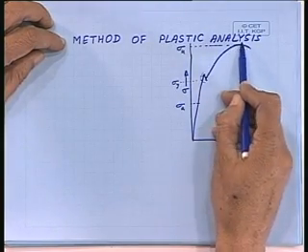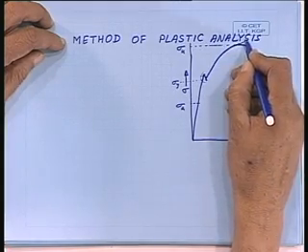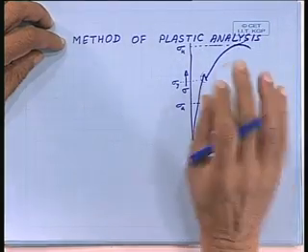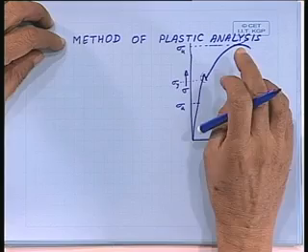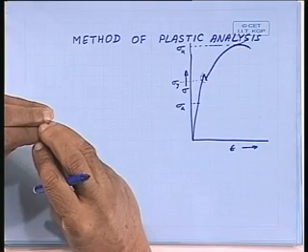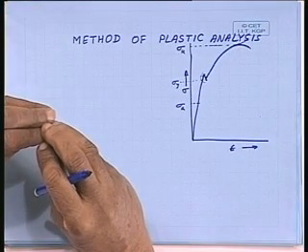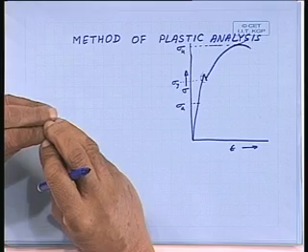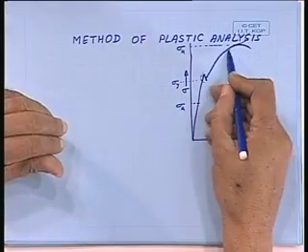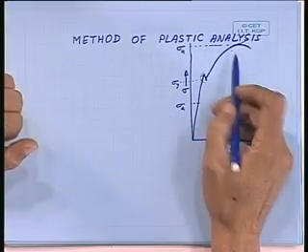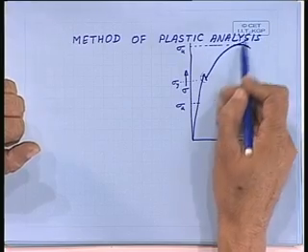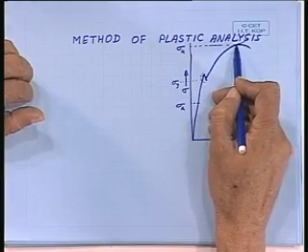In fact, beyond that the curve goes in this direction, but just before breaking the cross section reduces, and we compare the strain on the basis of the original area, whereas the area here starts shrinking, and therefore the stress should increase, but because we are taking the original area, it comes down.